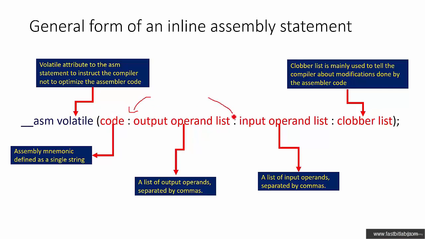These are important, colons. The input operand list follows the output operand list. Here you can list a couple of input operands separated by commas. The clobber list follows the input operand list, and the clobber list is mainly used to tell the compiler about modifications done by the assembler code. In the upcoming lectures, we'll understand how to use all these sections.